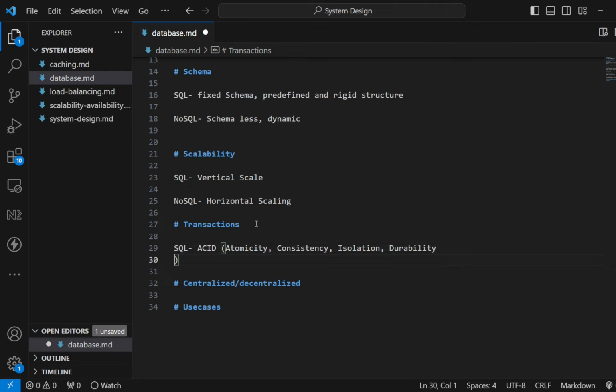And in case of NoSQL, it supports the BASE model. So what is BASE? It means basically available, soft state, and eventually consistent. Eventually consistent means sometimes the DB can give stale data, but after some time it can give the latest data once the node gets synced.